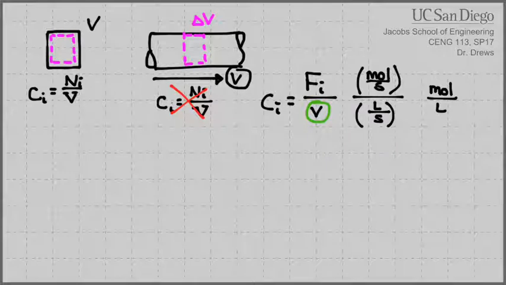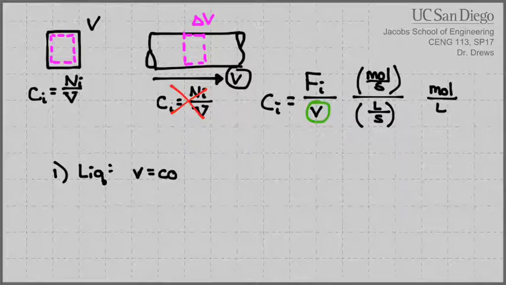The easiest case, which is case 1, is for a liquid, and for a liquid, little v is constant. Because for the most part, even if you heat up a liquid or cool it down or apply pressure or reduce the pressure on a liquid, it's always got roughly the same volume. So if little v is constant, it also happens to be equal to the inlet volumetric flow rate, which is nice.